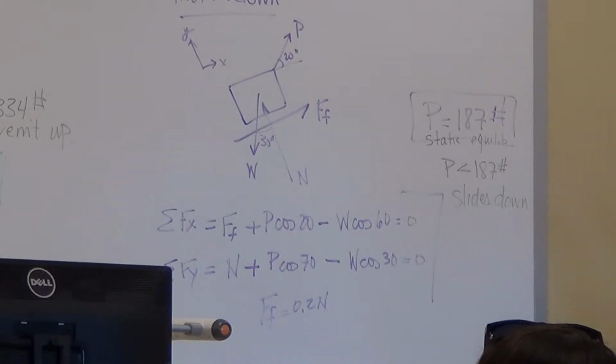Let's talk about it in terms of the two numbers we calculated rather than bringing in the normal and the weight and all that. So basically, I want this block to stay still. What should I do?